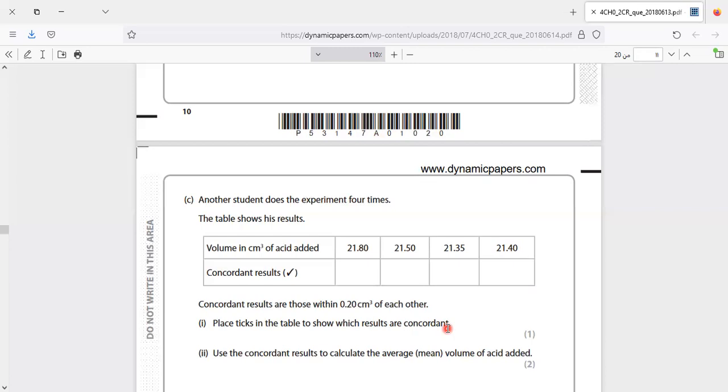Which results are concordant results? And why? Don't just tell me which results, I need you to explain why you choose this.